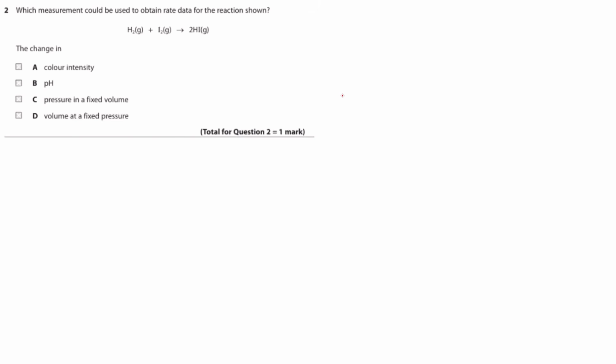Question number 2. Which measurement could be used to obtain rate data for the reaction shown? We are going to find the rate of this reaction. Rate means how fast a given reaction takes place. How do you measure the rate of a reaction?